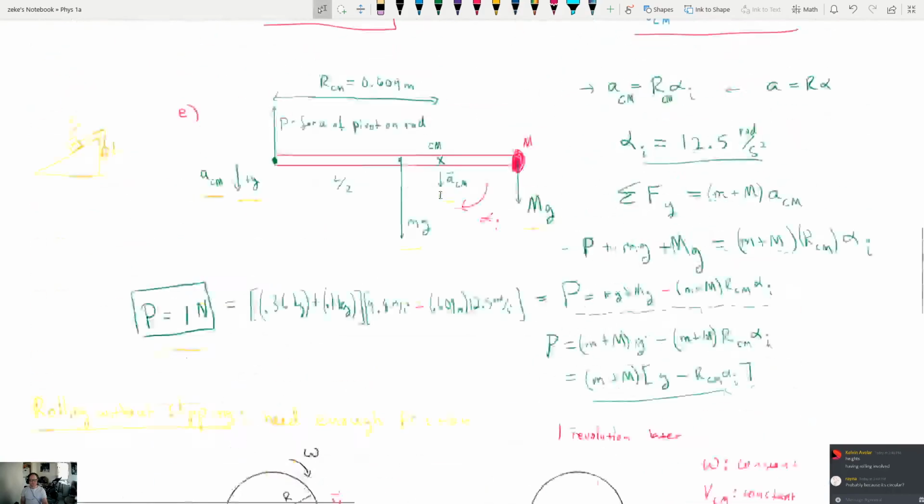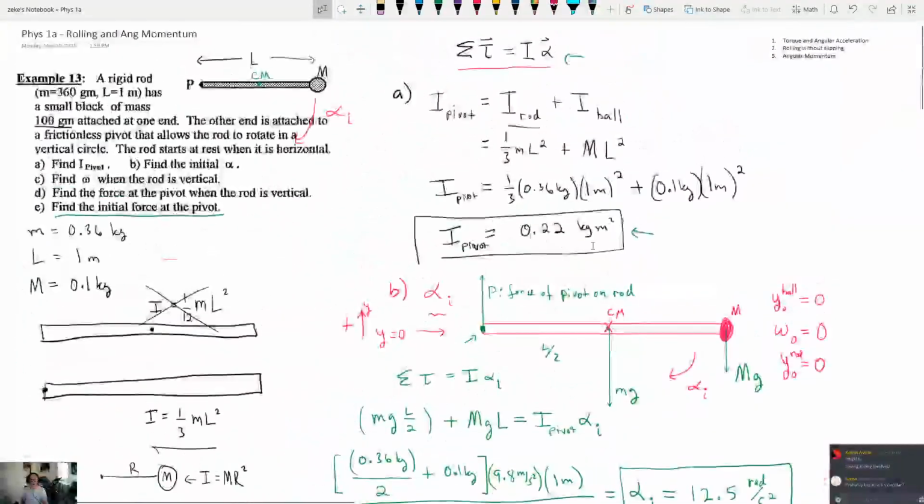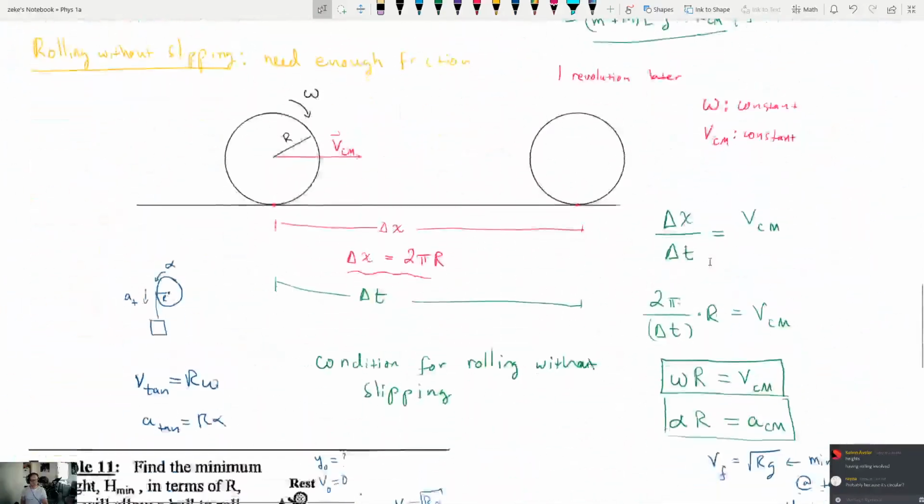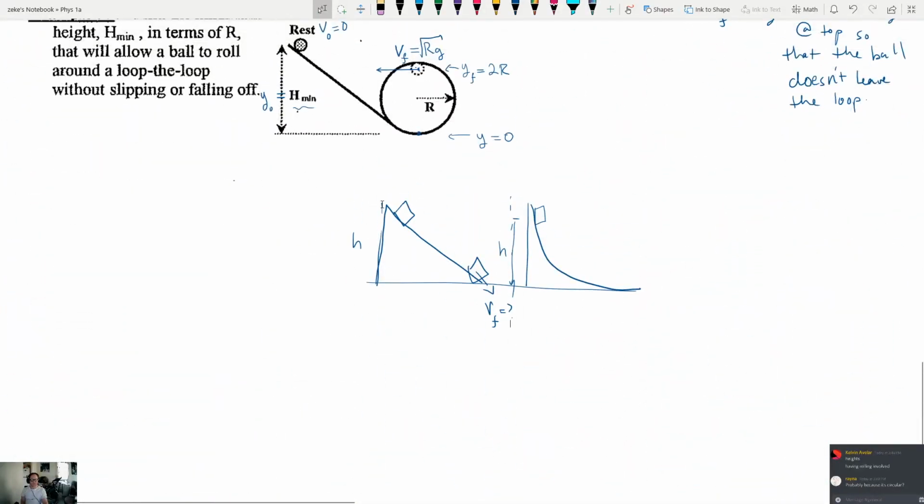Let's go back to the first question we did today. Why did we have to use energy in this case? It's because the path's curved, right? It's a curved path, which meant that the acceleration was not constant, which means you can't use kinematic equations, right? If I give you a problem with a flat incline and tell you the height that the object starts on the incline, and I tell you what the angle is, you could find the final velocity by using kinematics, because this object's going to move down the ramp with a constant acceleration that you can figure out using Newton's laws.